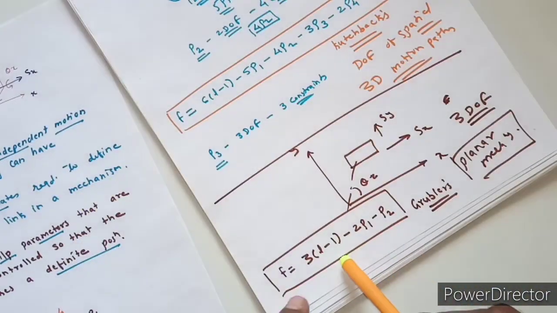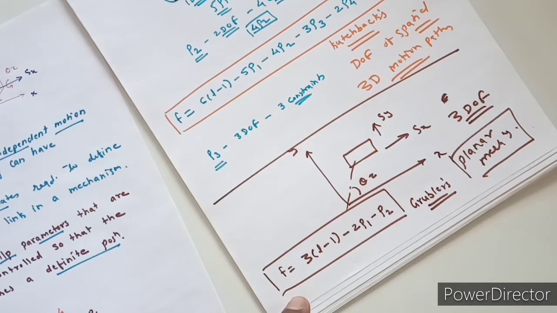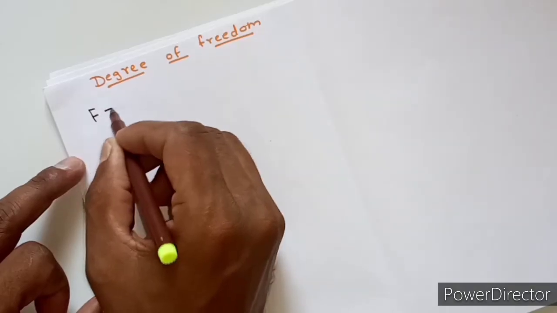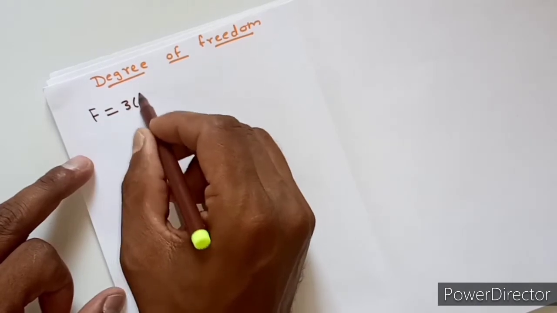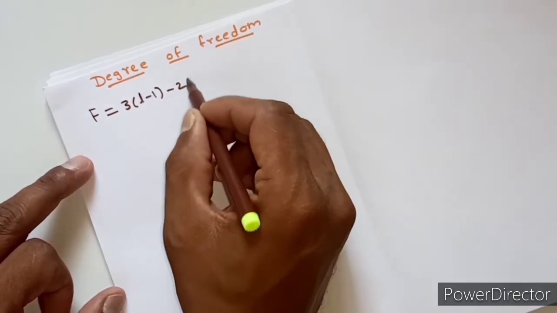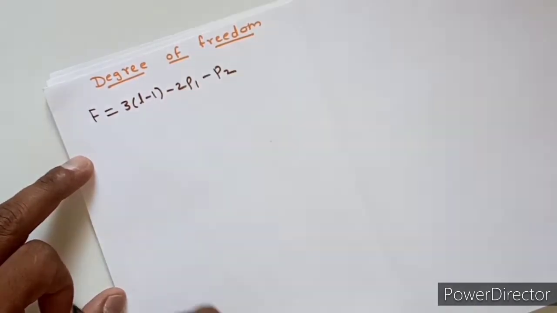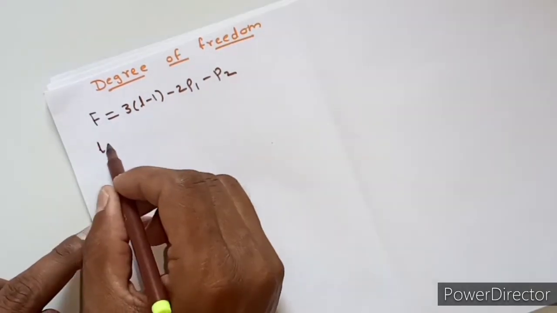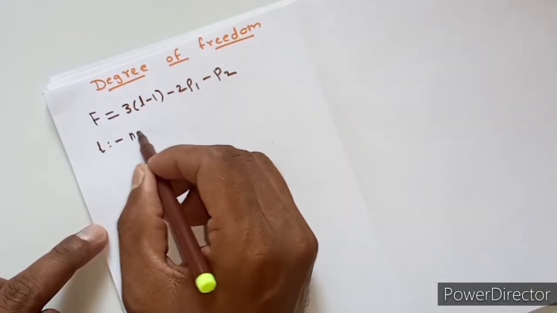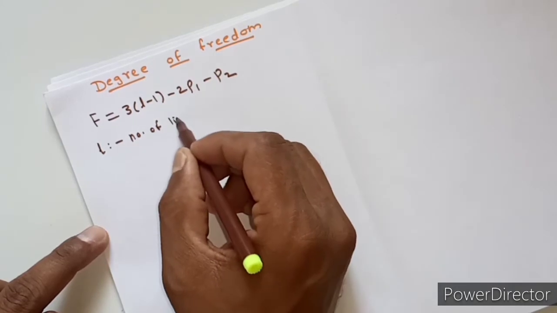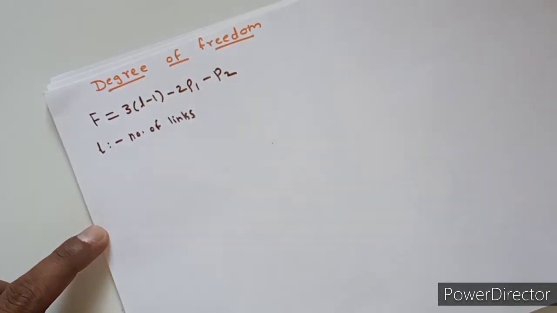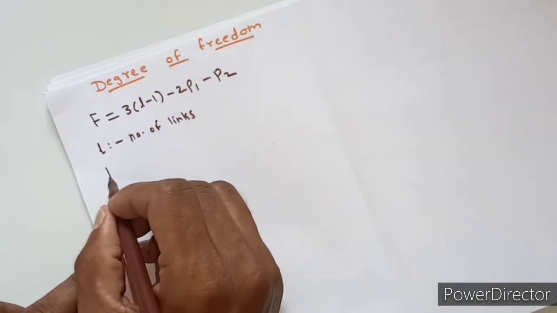We have derived the equation for degrees of freedom for planar mechanisms, which was F equals 3(L minus 1) minus 2P1 minus P2, where L stands for total number of links in a mechanism.